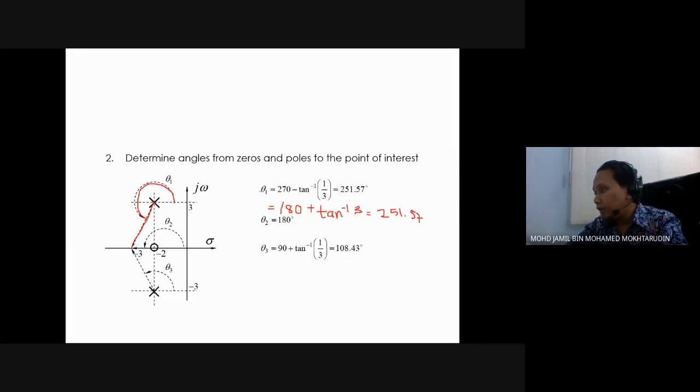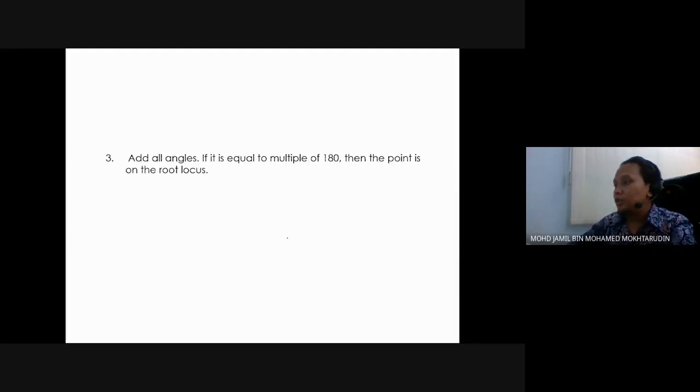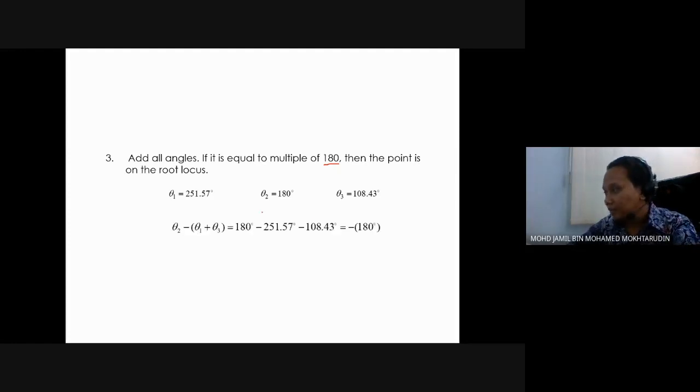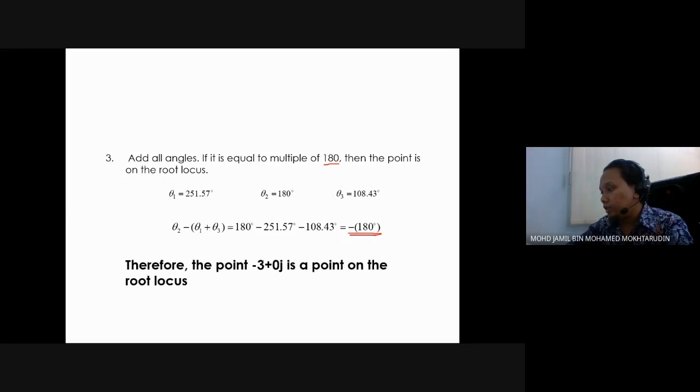After you find all the angles, you add all the angles, and if the sum equals a multiple of 180, then the point is on the root locus. Adding them, you get minus 180 degrees. This is a multiple of 180 degrees, so the point is on the root locus.